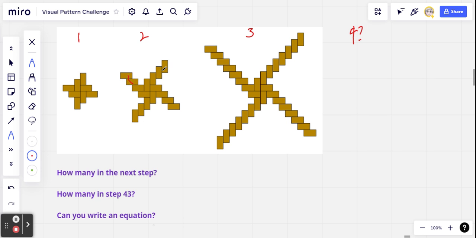Yeah, it looks like we add 2 there, we add 2 there, we add 2 there, and we add 2 there. And then what happens next? There's the first 2. So it looks like we add 4 and 4 and 4 and 4. So we have our original star shape at the beginning, then we add 2 on each arm, then we add 4 on each arm, that doubles.